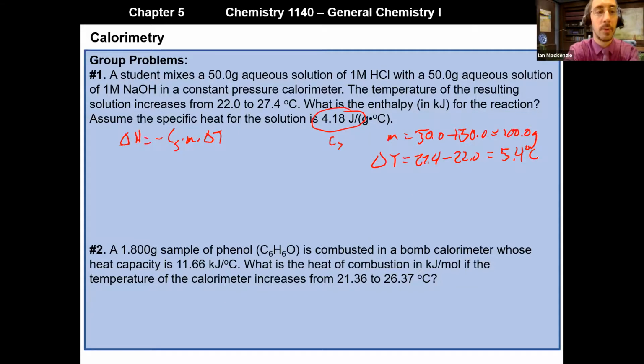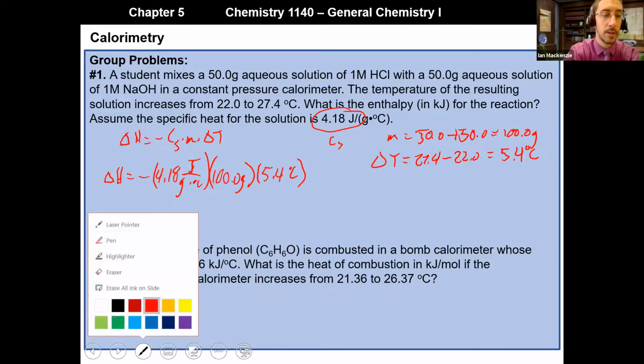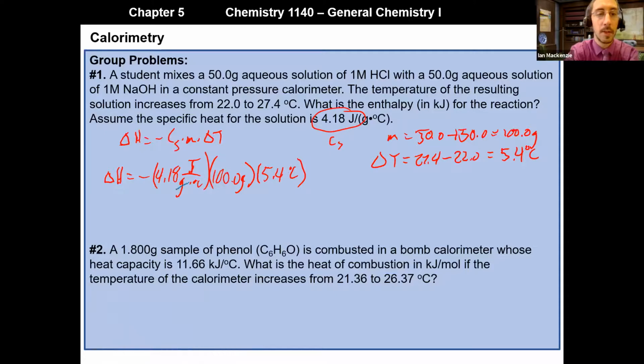So we've got everything that we need for this. We just plug it into our equation. Delta H is equal to negative 4.18 joules per gram degrees Celsius times a mass of 100.0 grams times a temperature change of 5.4 degrees Celsius. Grams cancel, degrees Celsius cancels.